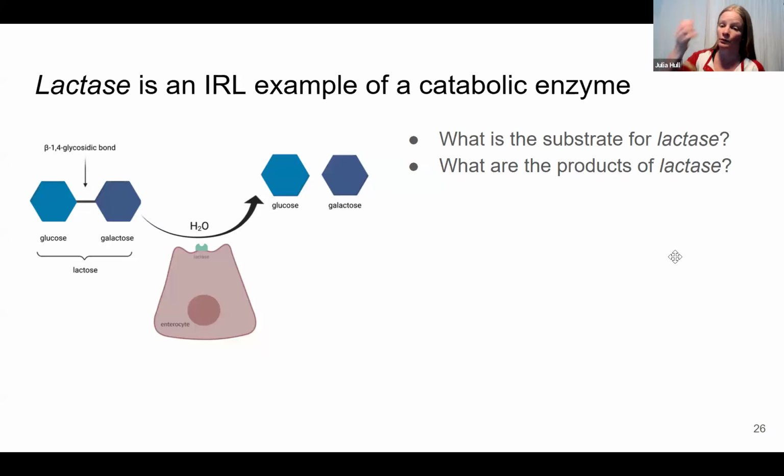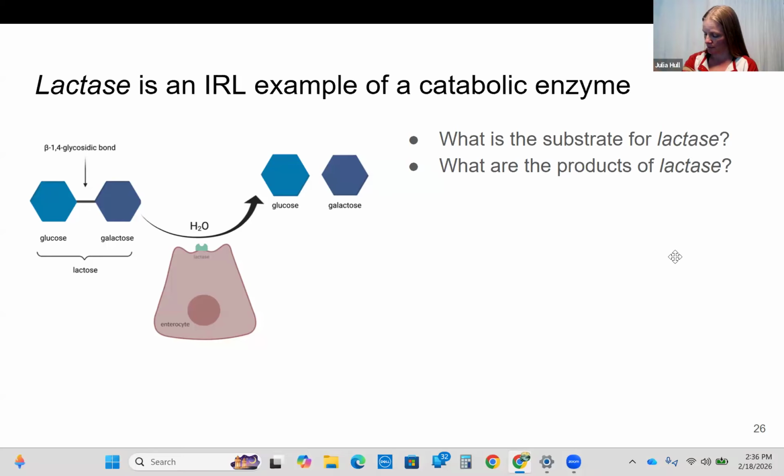So let's look at this real life example. So again, when we get back to class on Monday, we're going to do a lab where we are going to intentionally mess up our boy lactase. Lactase is an enzyme that is going to take our lactose sugar, and it is going to break it from a disaccharide into two monosaccharides, specifically glucose and galactose.